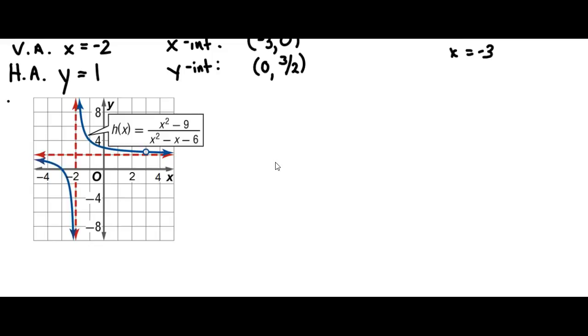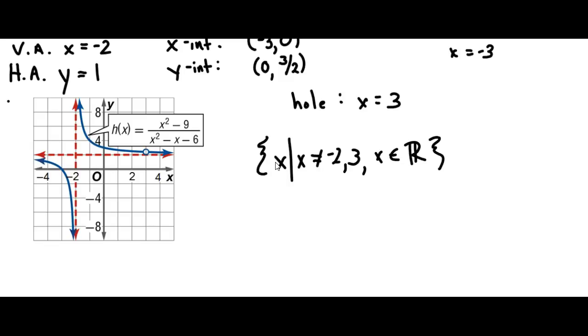So for that reason, we have a hole in our graph right here at x equals 3. And that was removable. That's why our graph still looks continuous, because we were able to factor that out and remove that discontinuity. So we do have a hole at x equals 3. So when I write my domain, I'm going to have x such that x cannot equal -2 or 3, and x, remember, is an element of the real numbers.